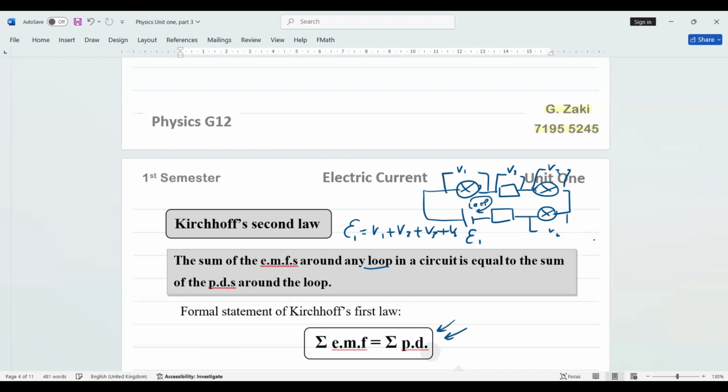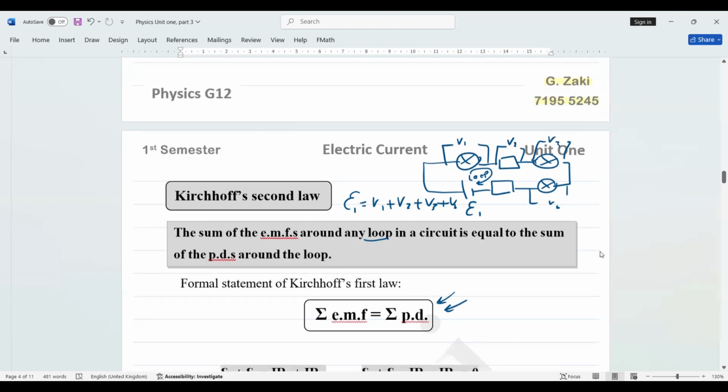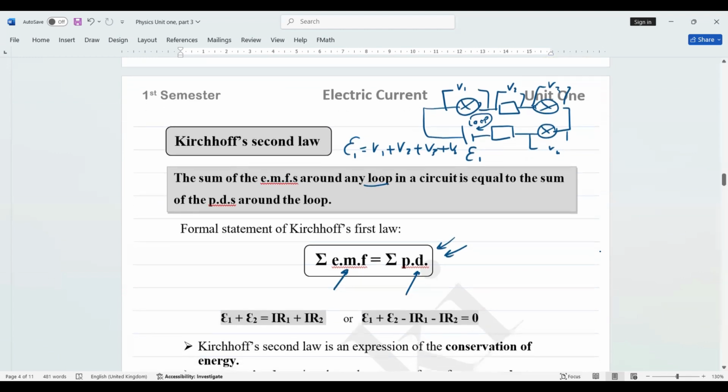Mathematically, we use this formula: the sum of EMF equals the sum of potential difference. Here we talk about energy. Energy gain equals energy loss. Energy gain inside the battery, energy loss outside in the bulb, in the resistor, and so on.